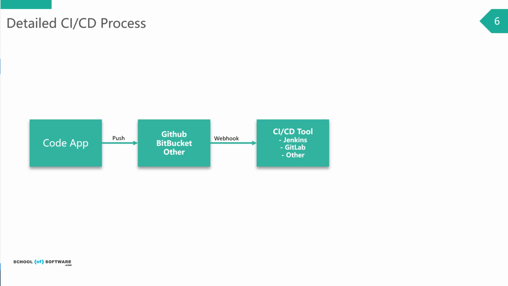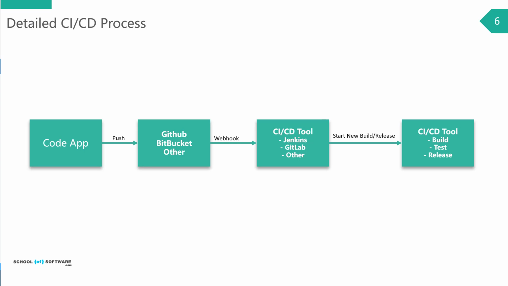It can just wait until there's a notification from GitHub or Bitbucket. Hey, there's a change. Now you can do whatever you need to do. So that's the bottom line. That's how webhooks work. Okay, so you need to configure this. Actually, it's not enabled by default. You have to configure it and point it to whatever CI/CD tool you're using. So far so good.